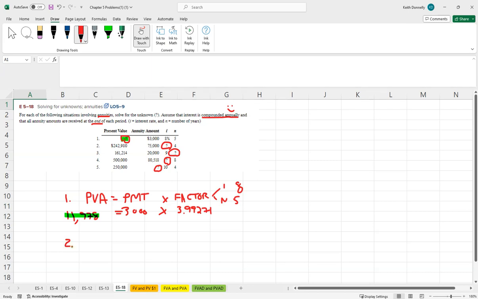So 2 is, if we think about it, they're telling us, because we have our little formula up here that's a little bit universal, they're giving us the 242,980 equals, in this case, 75,000 times the factor.